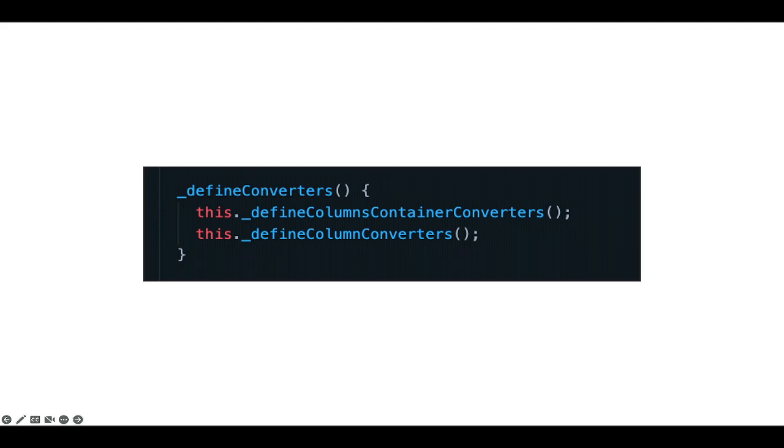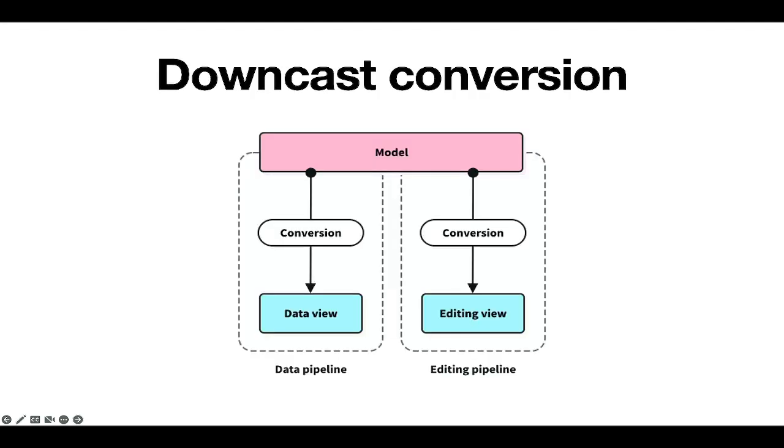And now we define converters, so another complex word. So going through this super quickly, in CKEditor 5 there are two different conversions, model to view, which we call downcast. And for example, if you call getData to get HTML from CKEditor, the data conversion happens.